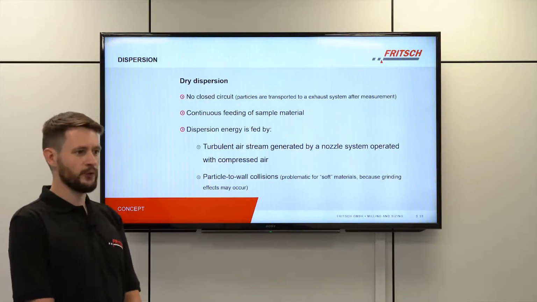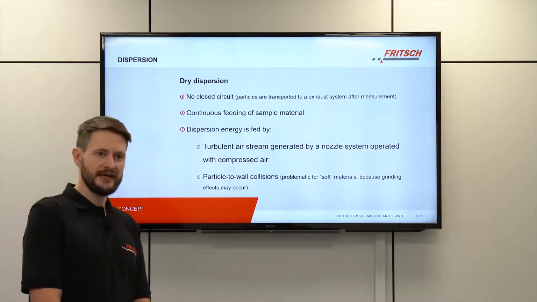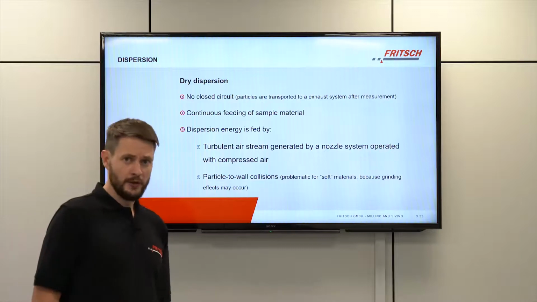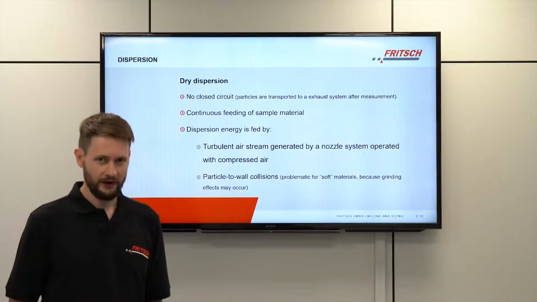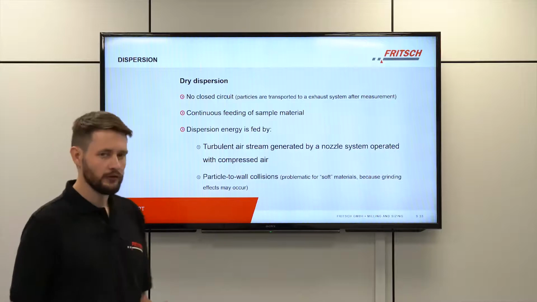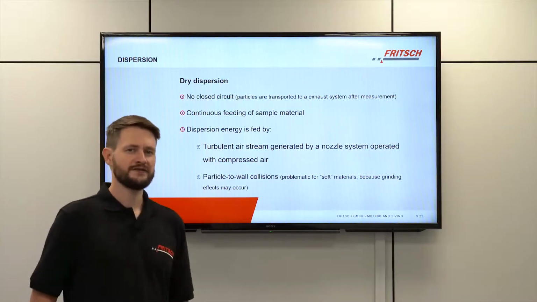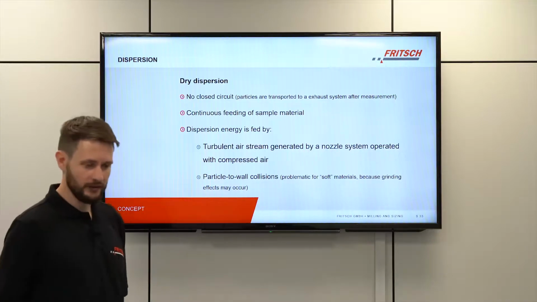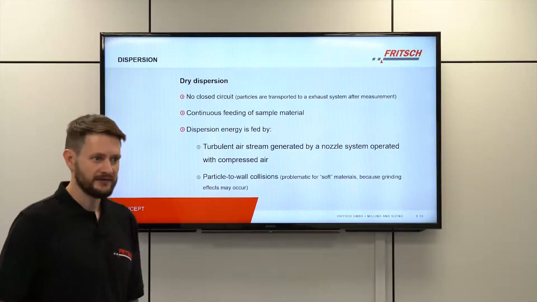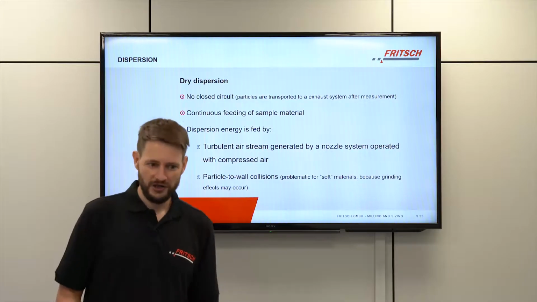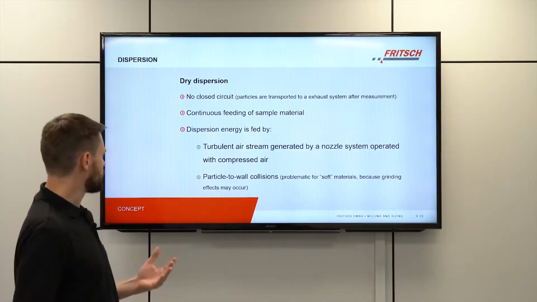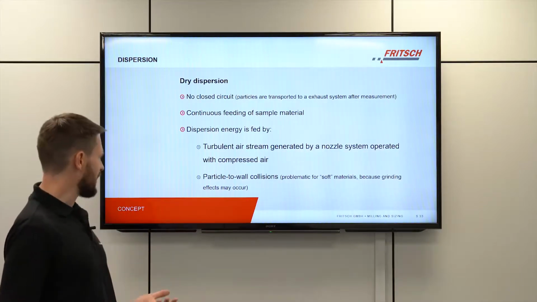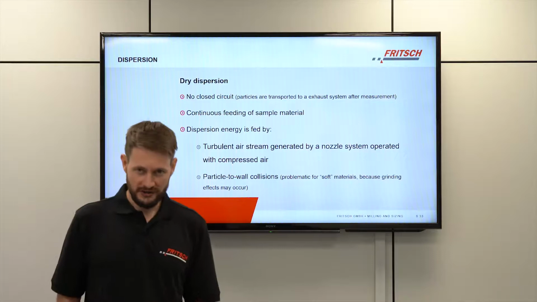Finally, let's deal with the dry dispersion just briefly. The main difference between these two dispersion methods is that in the dry way we do not have a closed circuit, but we have a continuous feeding of our sample material. Also, the way that the energy is fed into the system in order to de-agglomerate our sample is vastly different, as here we would use air pressure, which is fed into the measuring cell by a turbulent airstream generated by a nozzle.